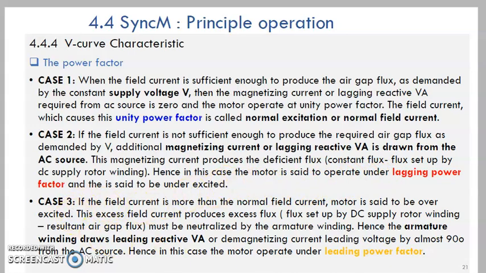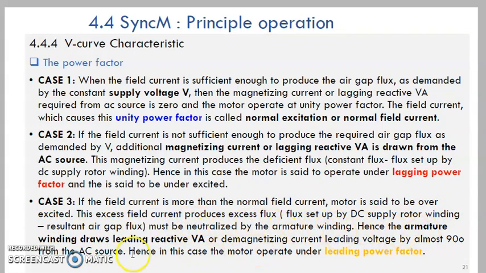In case 3, the condition is a leading power factor, on the right hand side portion. If the field current is more than the field current required by the motor to produce the flux, this excess field current produces excess flux, and the flux set up by the DC supply rotor must be neutralized by the armature winding.